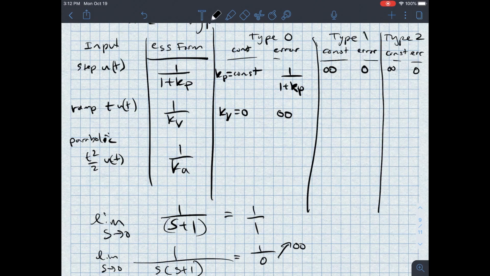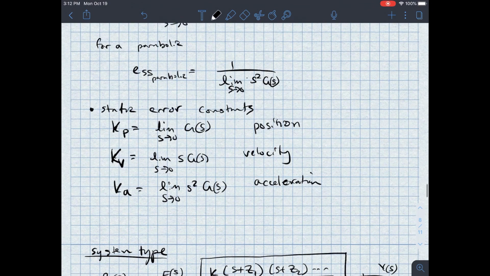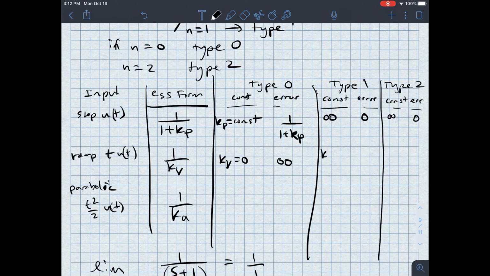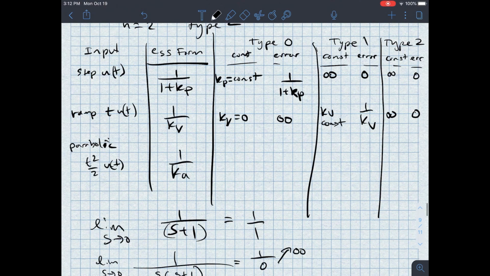For a type 1 system, let's go back here. For a type 1 system, I've got s G of s. My s's will cancel each other, and so Kv is a constant, and so I've got 1 over Kv. And for a type 2 system, Kv is equal to infinity, and there's 0 steady state error.